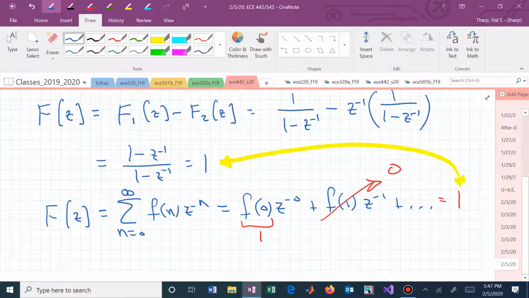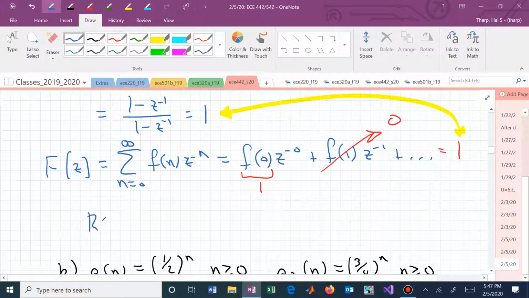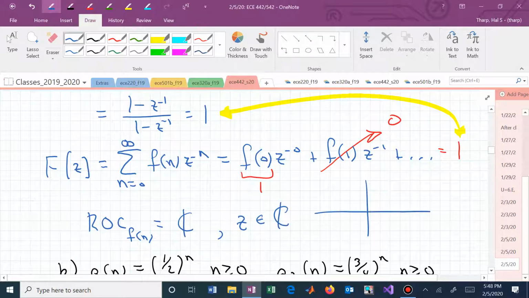So now the region of convergence for this new function, which is a linear combination of two other functions that had different regions of convergence, is really just all of C. Z is now an element of C, where C, I'm saying, is this entire z-plane.